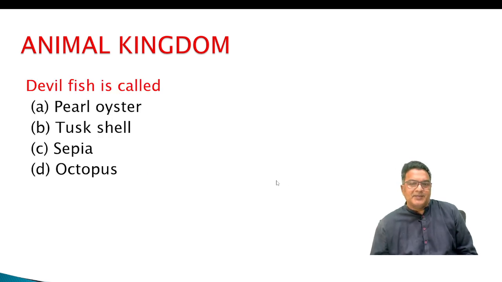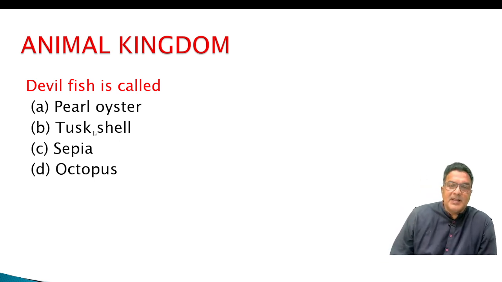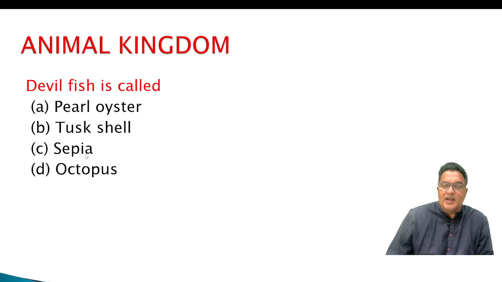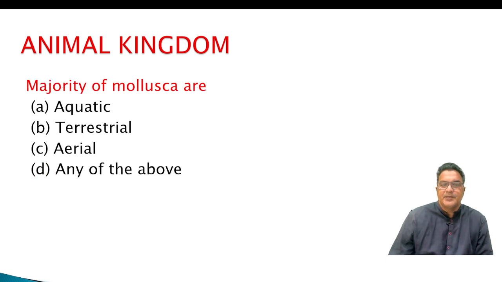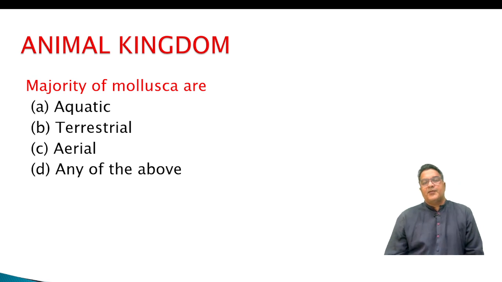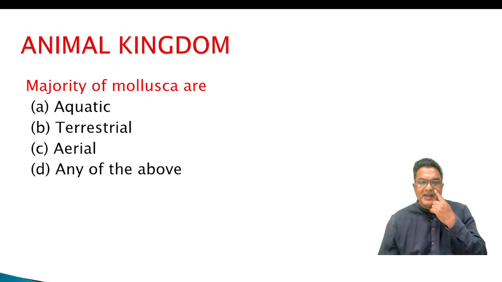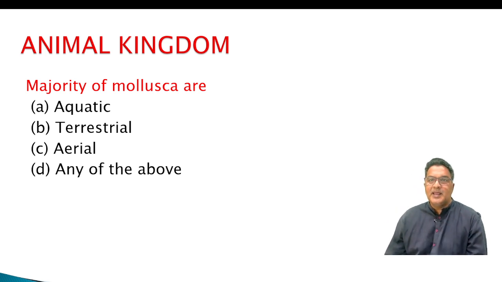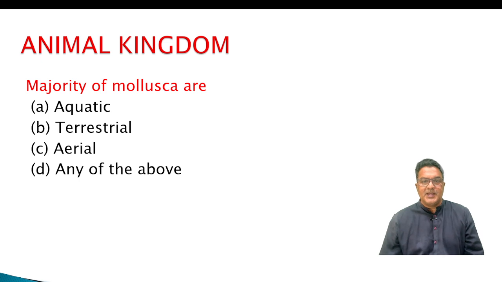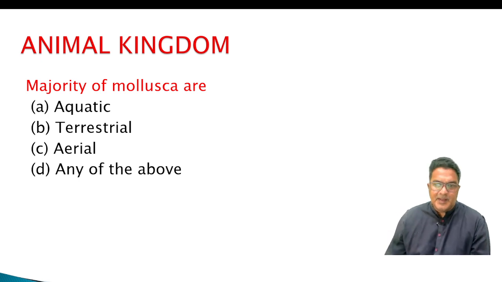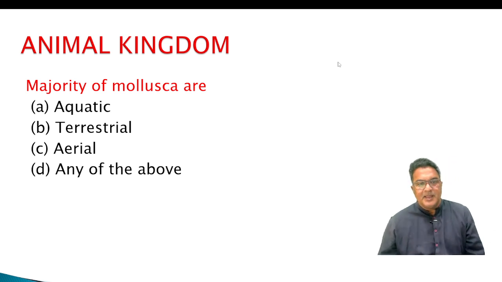Devilfish is called Octopus. Pila, Pinctada, Dentalium, tusk shell, Sepia, cuttlefish, Octopus, devilfish. Majority of Mollusca are aquatic, terrestrial, aerial, any of the above?